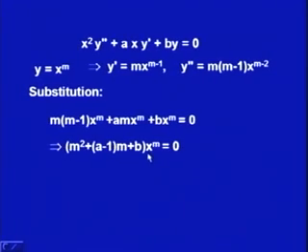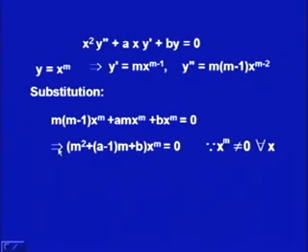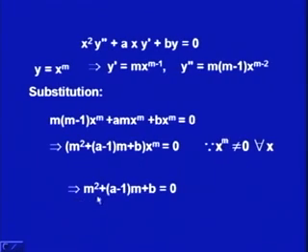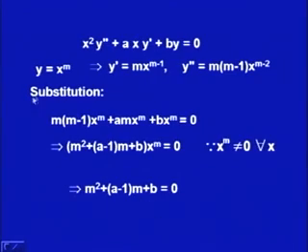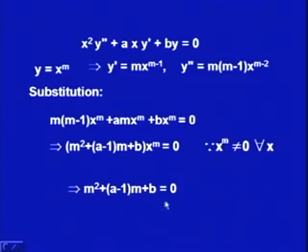This will be 0 if either x to the power m is 0 or m square plus (a minus 1) m plus b is equal to 0. x to the power m cannot be 0, hence this would be a solution only if m square plus (a minus 1) m plus b is equal to 0.